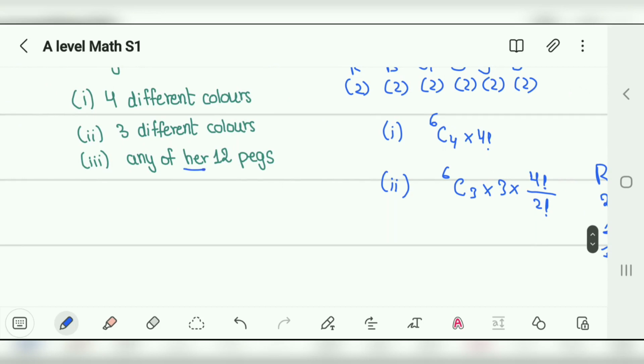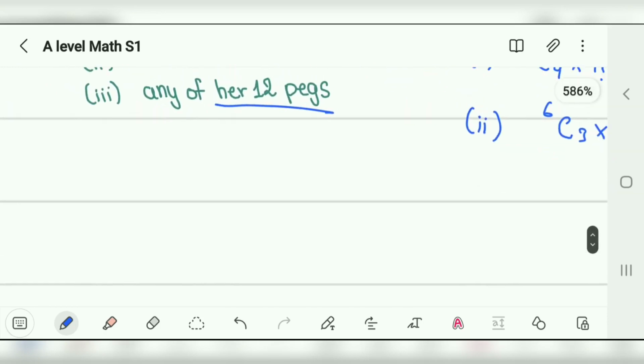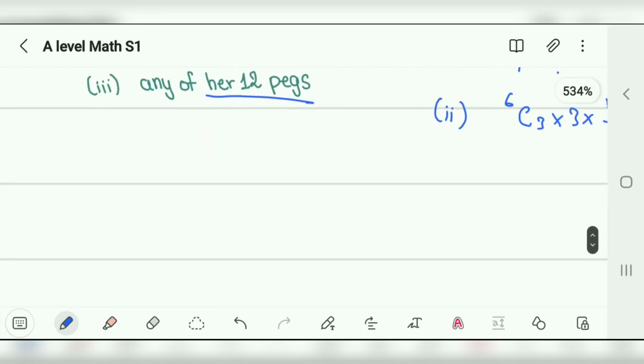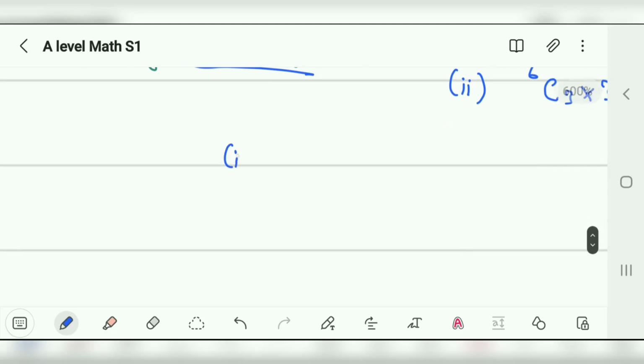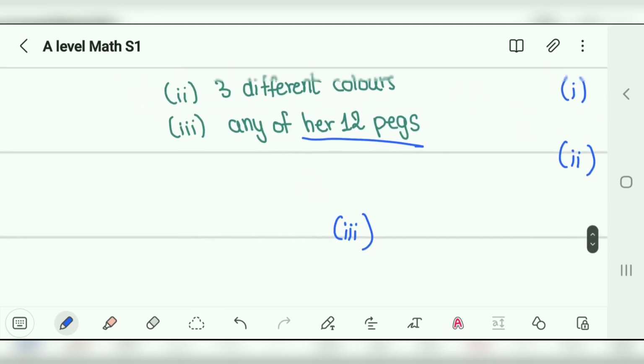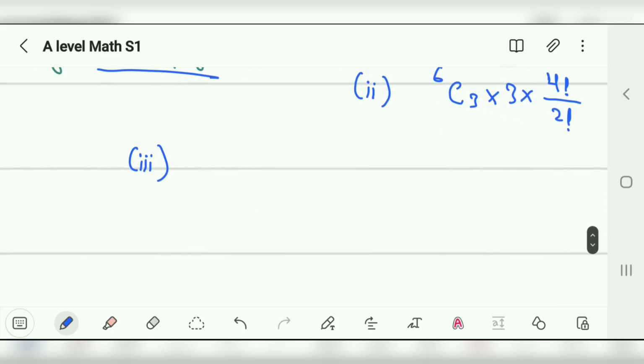Now any of our 12 bags. Okay, there are 4 holes. In part 3 it says any of our 12 bags.